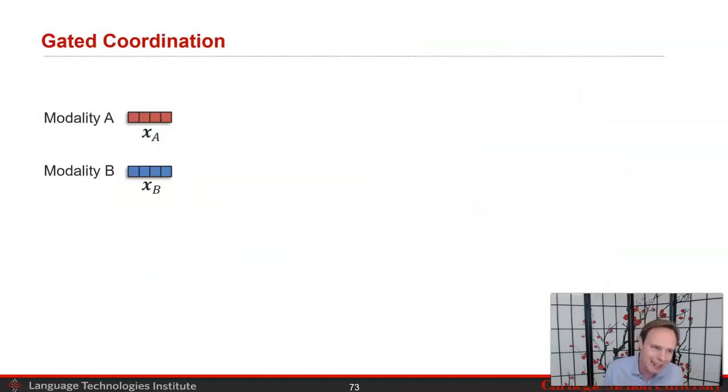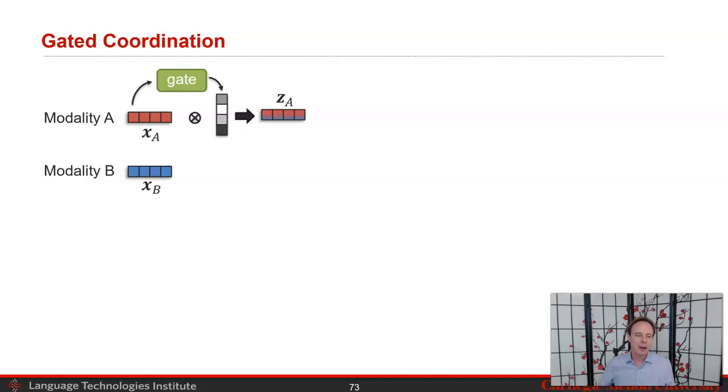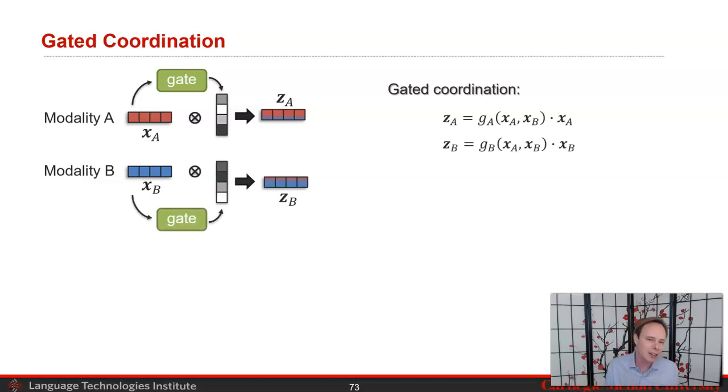The way coordination is often implemented these days is through a gated coordination, where you have one gate possibly taking both modalities in, and then you get this representation for your first modality, and similarly for your other modality. So gated coordination is very popular, and we'll talk a little bit more about it later.